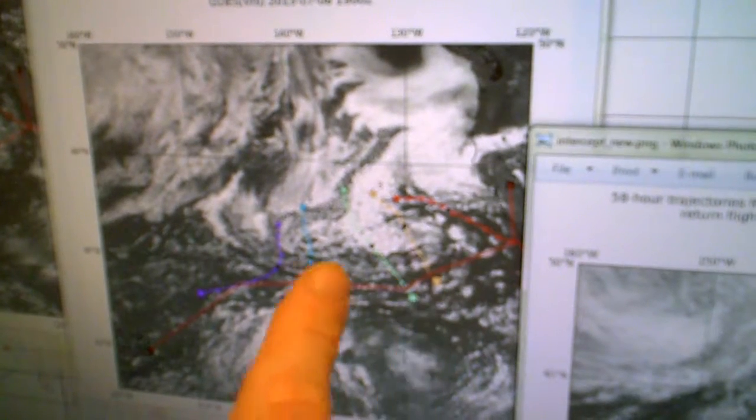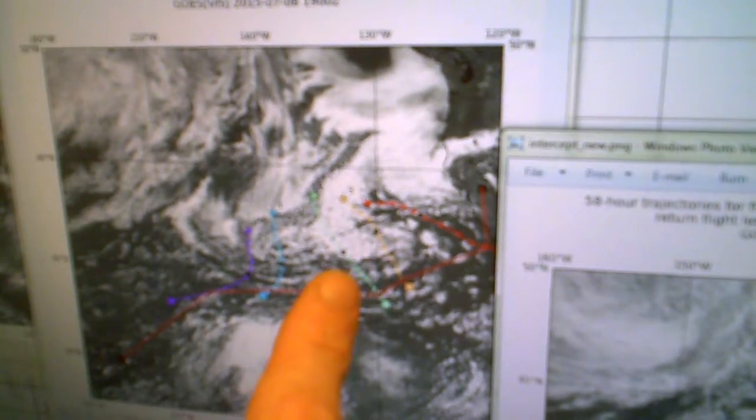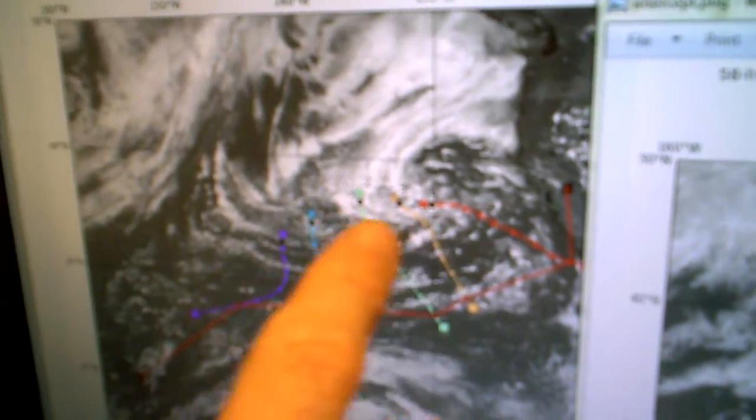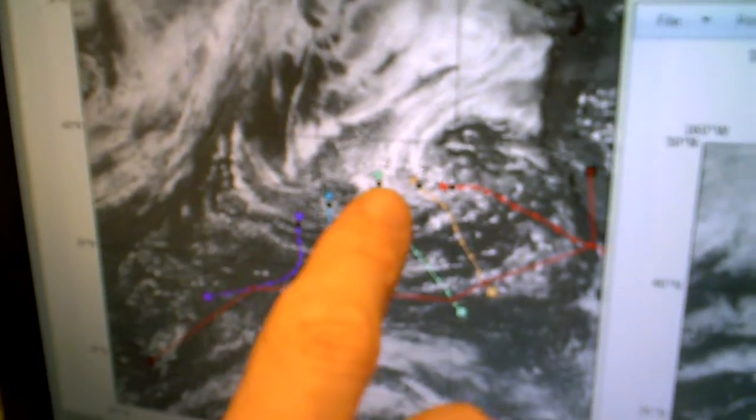So here's the hammerhead feature. And if you compare with the previous day, you'll see that the cloud features are drifting along with the wind. If you go back to this, here's the hammerhead. The bottom of the hammerhead is below the sampling points.